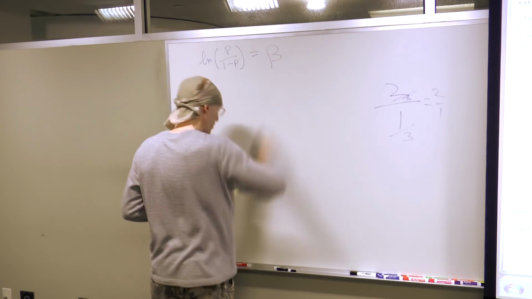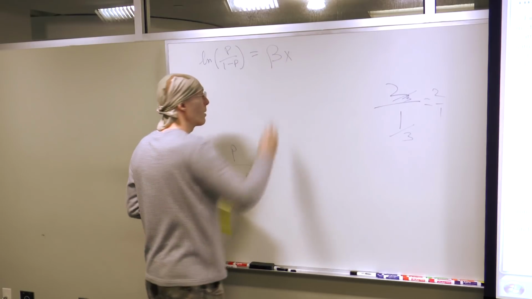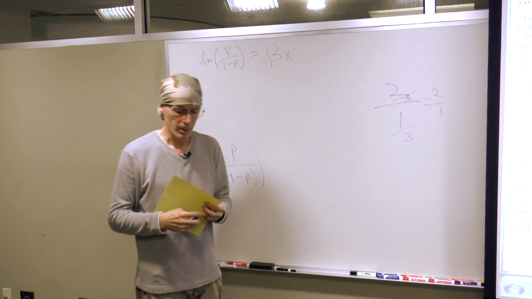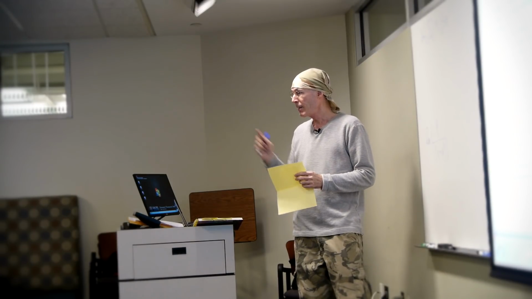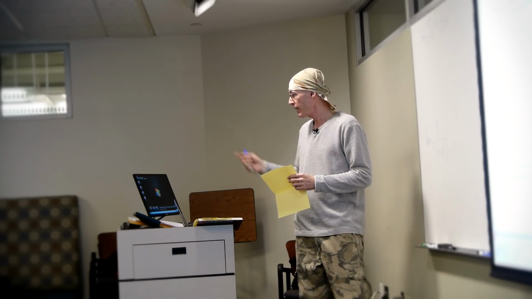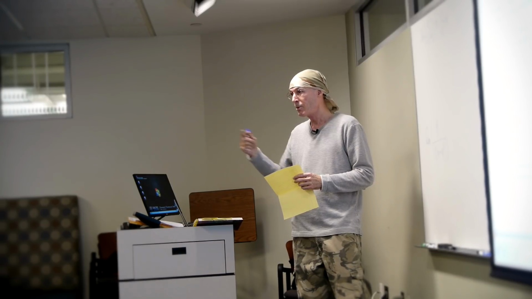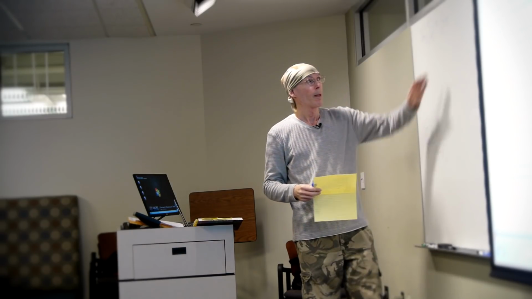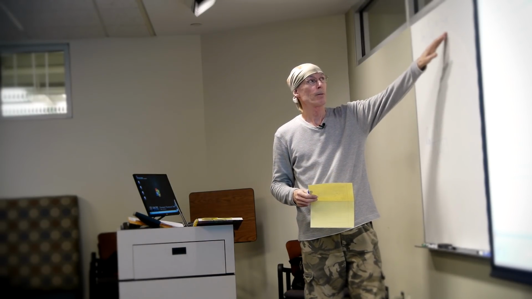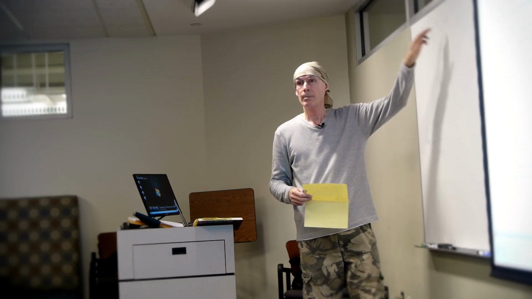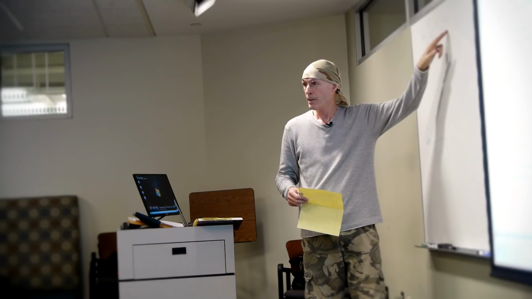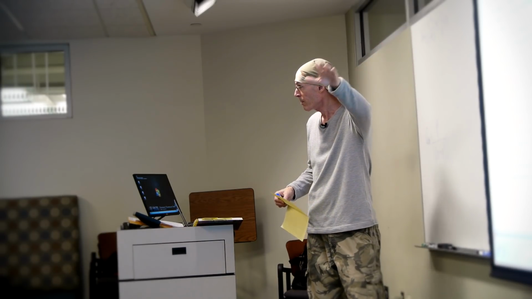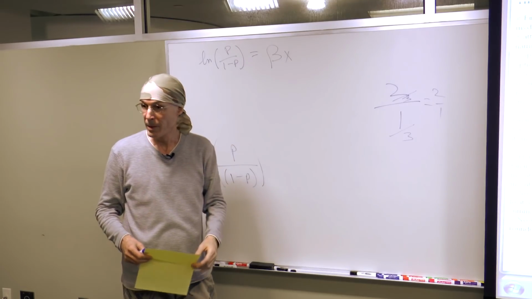Now, for the first time in the course, I'm going to be referring to beta x as a vector of betas and a vector of x's. And that vector of betas will also include the intercept. So this is not just the intercept. This is the intercept and all of the other slopes. And this x here is a vector of x's, which is all of the other independent variables.